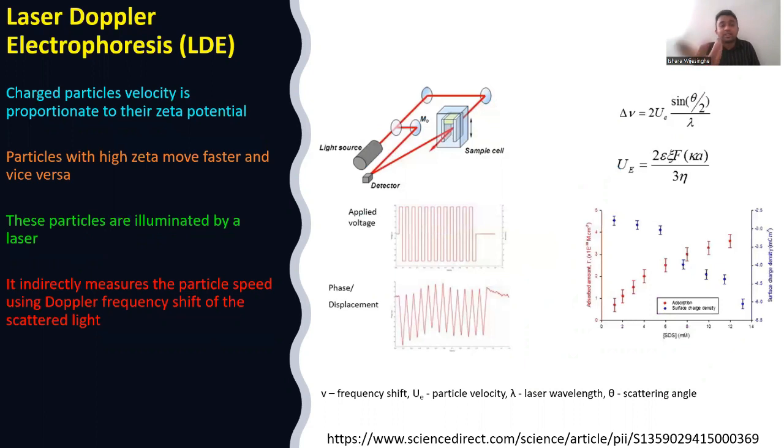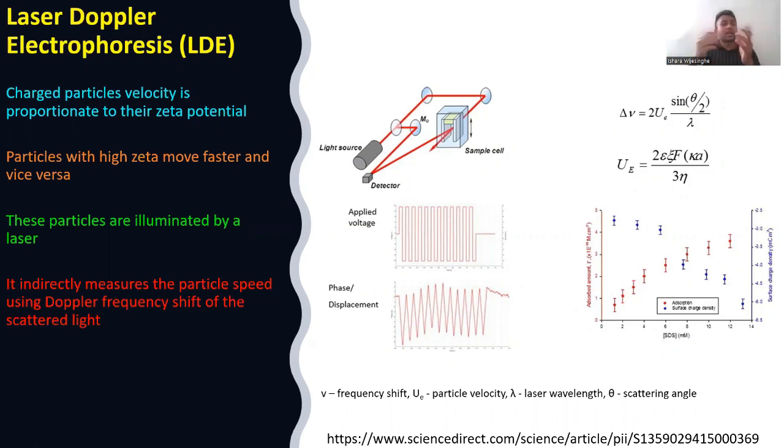Okay. Then how do we measure this zeta potential? To measure the zeta potential, you have to use the laser Doppler electrophoresis method, LDE. Simply, we take a sample of latex and pass laser rays through it, and do some calculations.